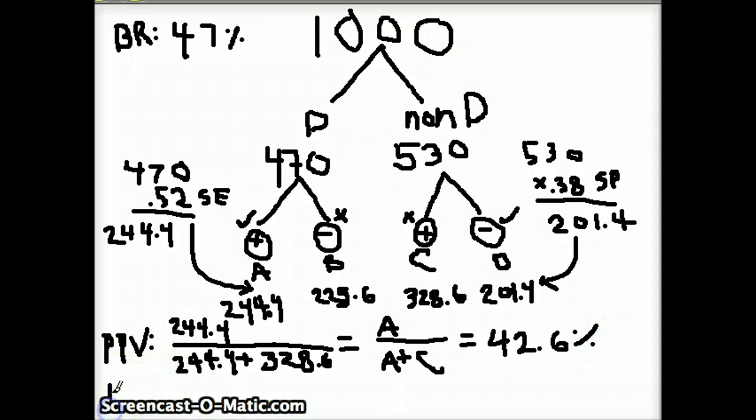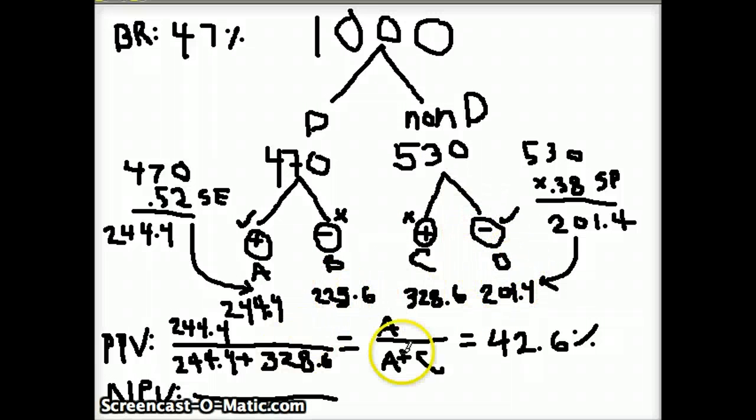The negative predictive value can be calculated next quite easily. And in the negative predictive value, what you're interested in is, if you test negative here and here, what is the chance that you don't have the disease? Well, that's this leg.